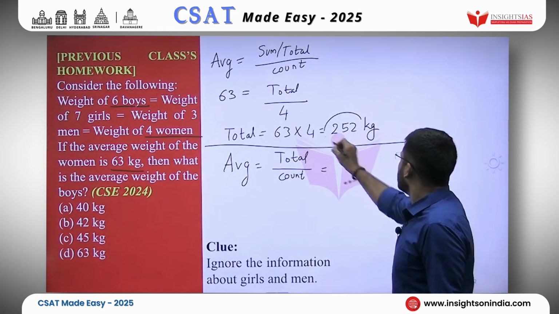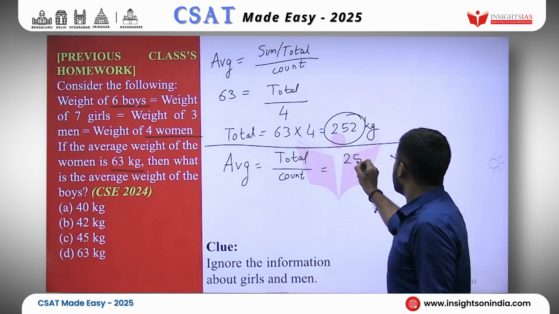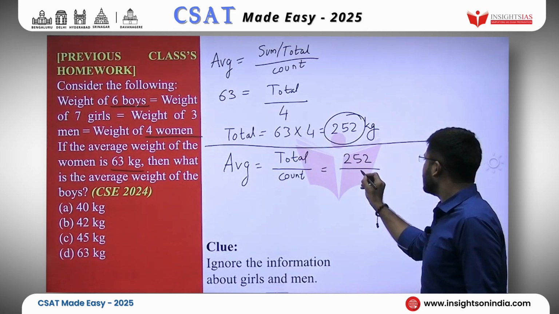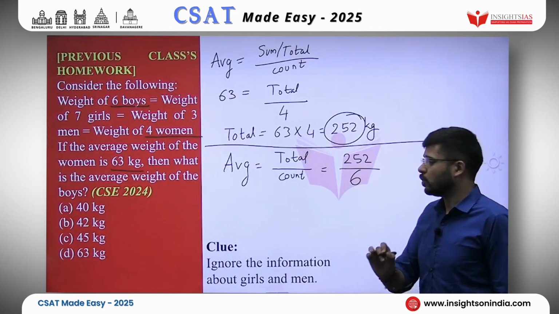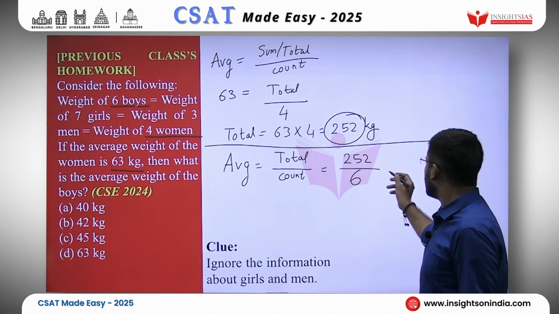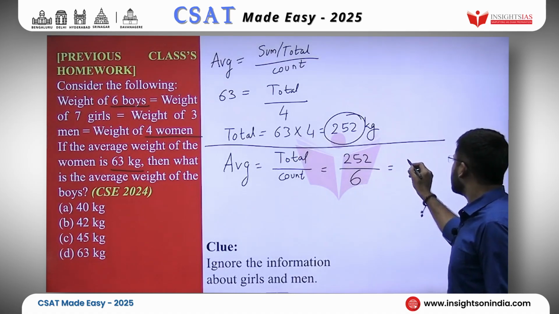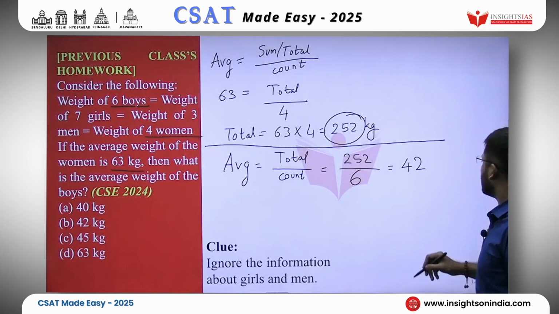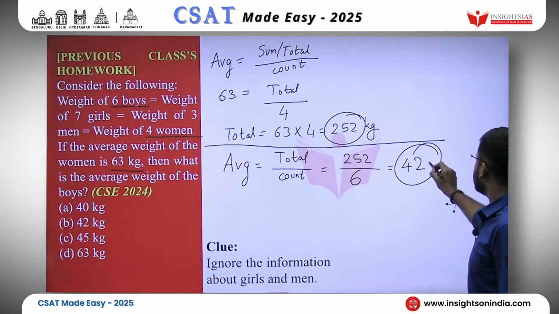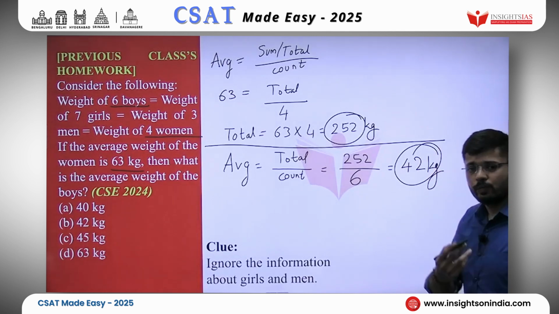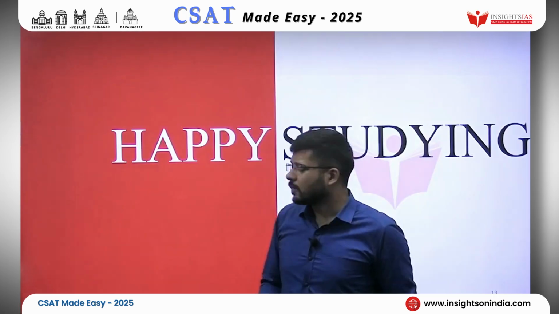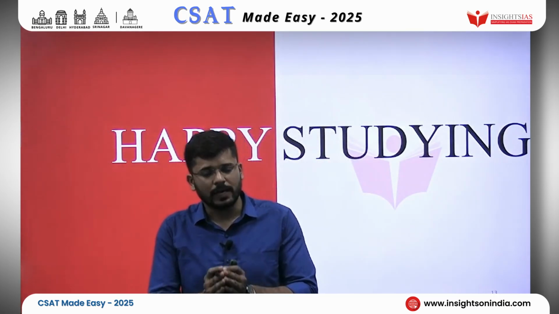That would be 252 kg. And how many boys are there? There are 6 boys. Okay. We need to divide 252 by 6. 6 4s are 24 and 6 2s are 12. So the answer would be 42 kg. Option B.